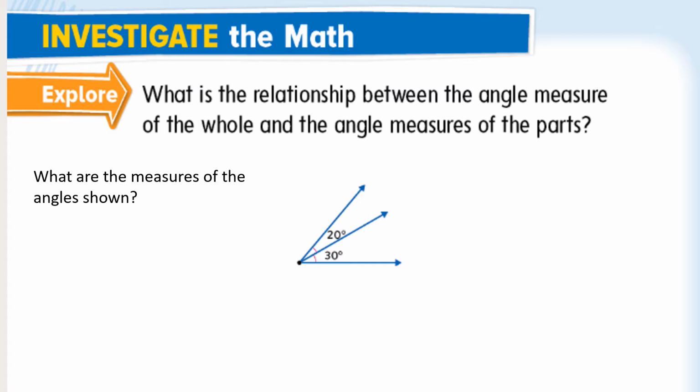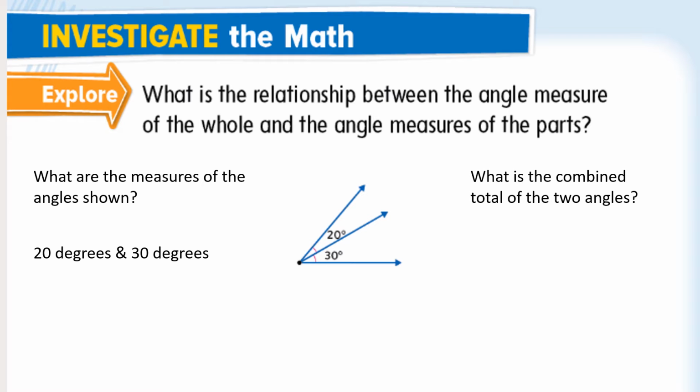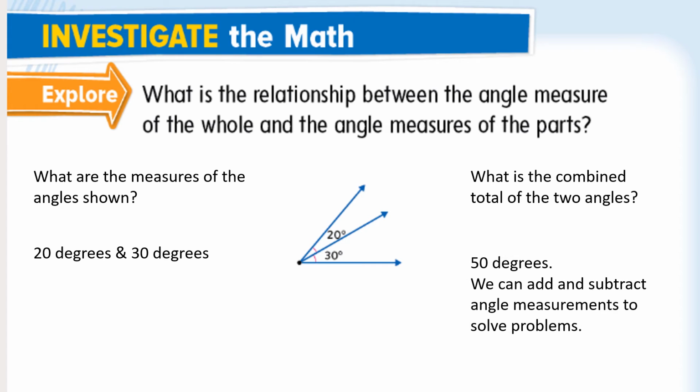First of all, what are the measures of the angles shown on the screen? That's right, we've got 20 degrees and 30 degrees. Now, what is the combined total of those two angles? When you add 20 and 30, you get 50 degrees. And that's what we're going to be doing today, adding and subtracting angle measurements to solve different problems.